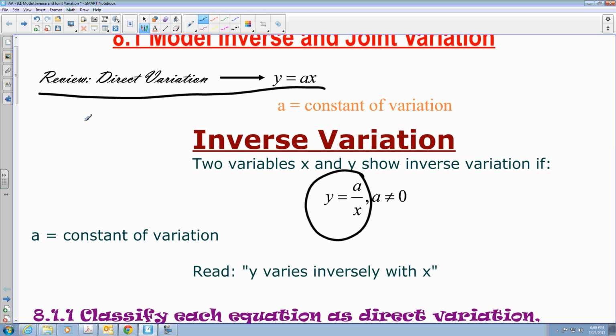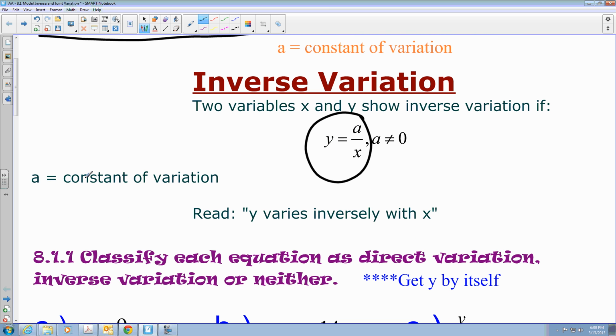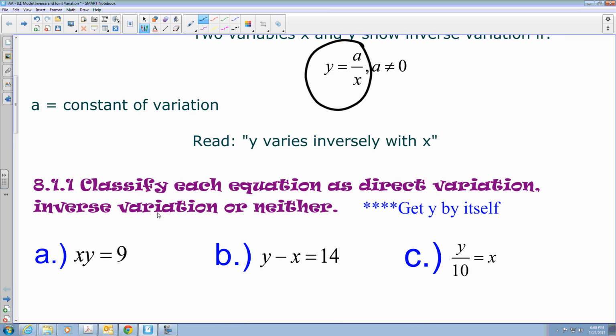So if I were to do it to this one here, I would say x equals a y, and then I solve for y. So that's where that comes from. Again, my a is my constant of variation.